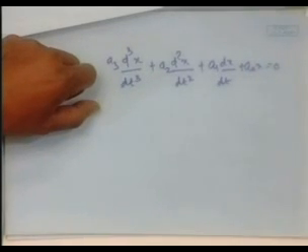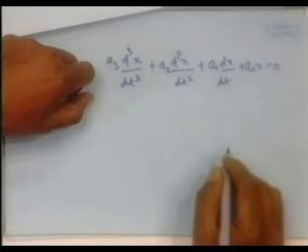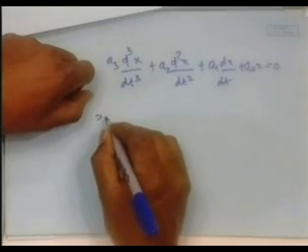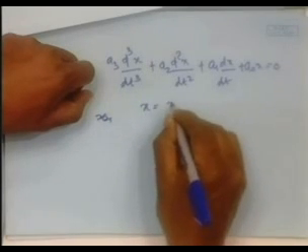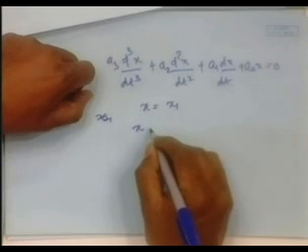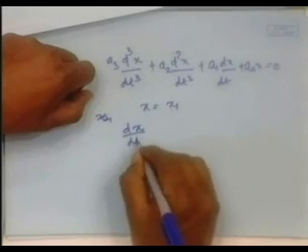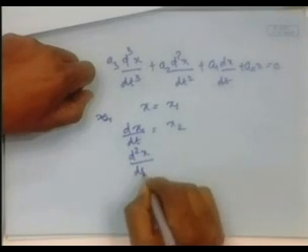So you are writing in this form: x is equal to x1, then dx by dt is equal to x2 and d squared x by dt squared is equal to x3.